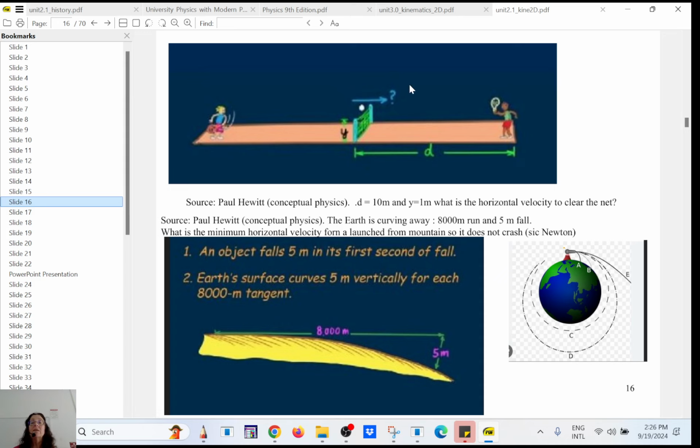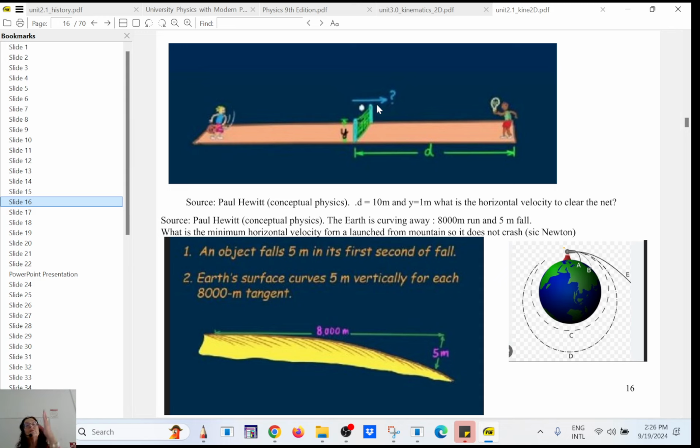Question is, find that velocity here, right? So it's like a projectile that is launched with a horizontal velocity. That's all you will have. Find that velocity.